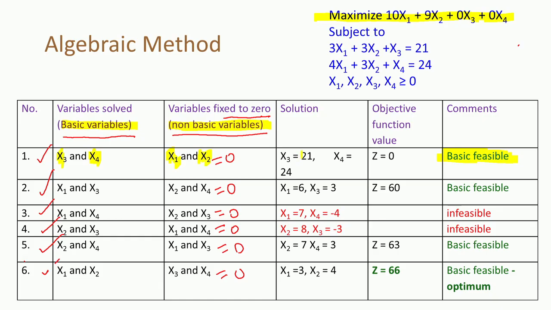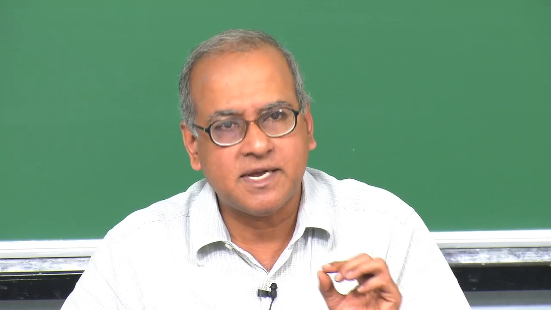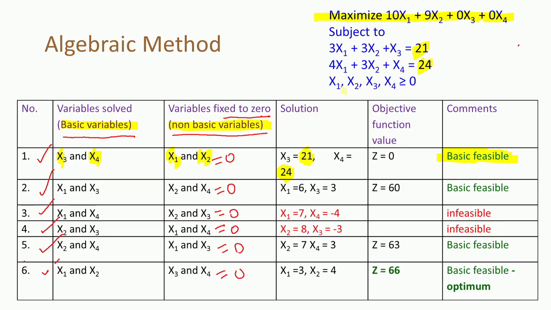So when we solve, we get a solution x3 equal to 21, x4 equal to 24. Now this is a basic solution, and since it is also feasible, it satisfies the constraints and the non-negativity restriction, it becomes a basic feasible solution.